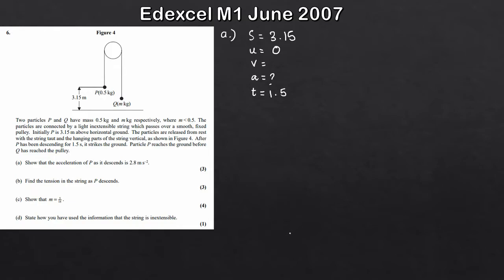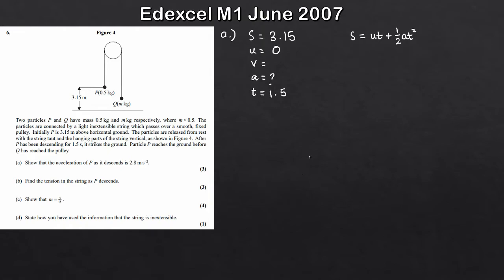Okay, so we've got s, we've got u, we've got a, and we've got t. So look for your formula book now. You're looking for the formula that is in terms of only s, u, a, and t. Okay, and hopefully you pick the right one out. So the formula we're going to use here is s = ut + ½at².